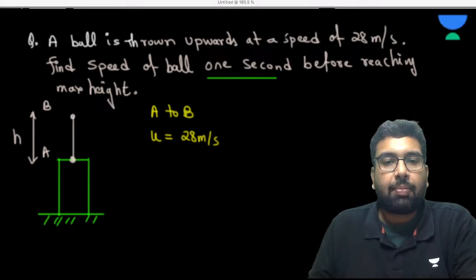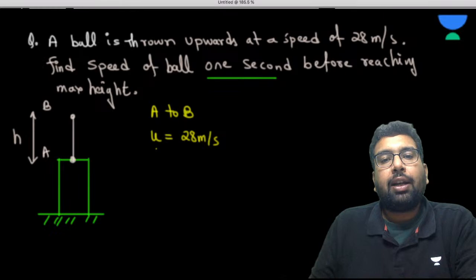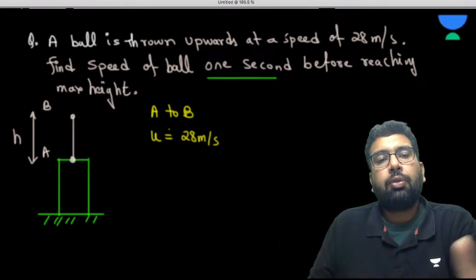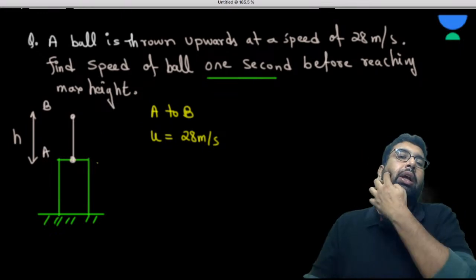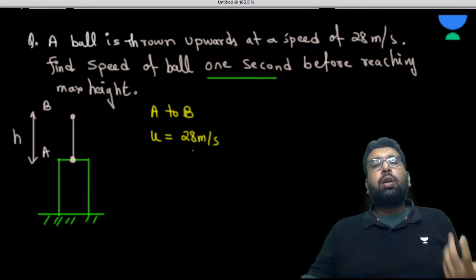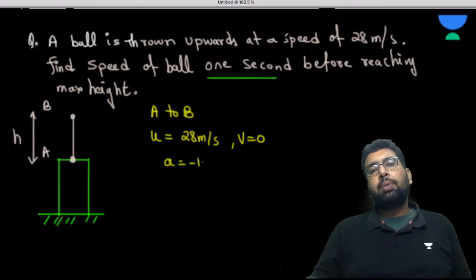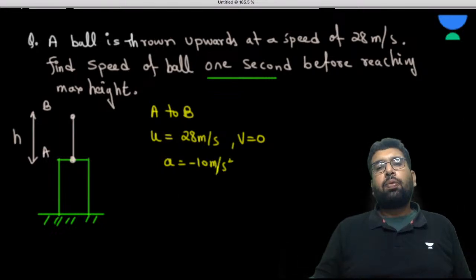Now for that, let's get back to this. So A to B. We are considering the motion from A to B. So initial velocity is 28, the final velocity is 0, acceleration is going to be minus 10 meter per second square. Now from here, we can write v = u + at, isn't it?